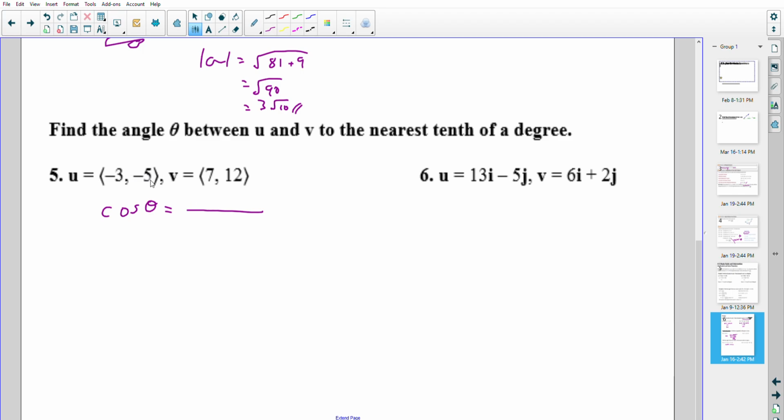So first of all, I'm going to find the dot product. 7 times negative 3 is negative 21 plus a negative 60 over, now I'm going to take the magnitude of u, which is going to be the square root of 9 plus 25, times the magnitude of v, which is the square root of 49 plus 144.